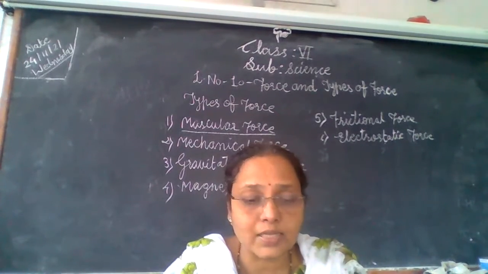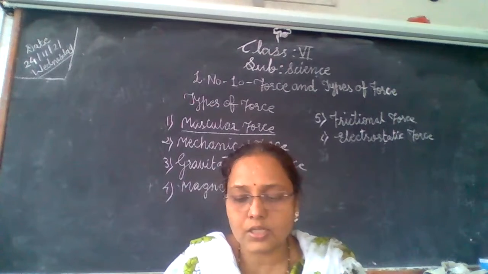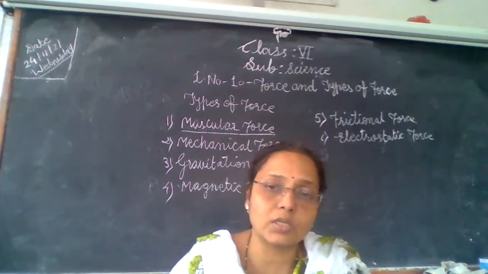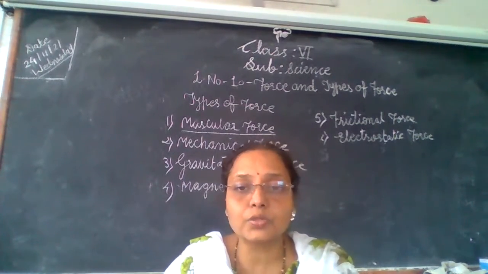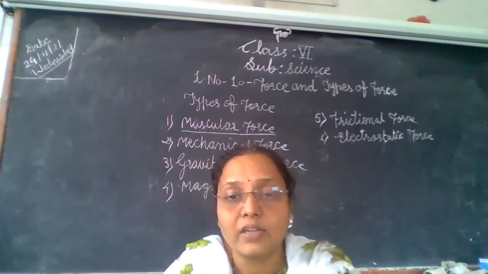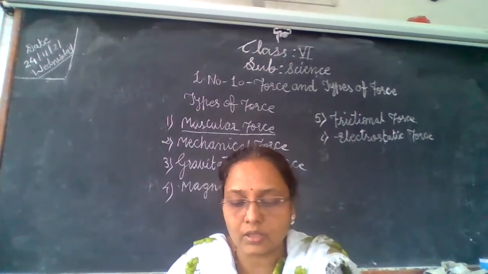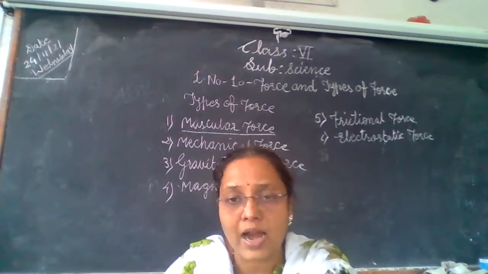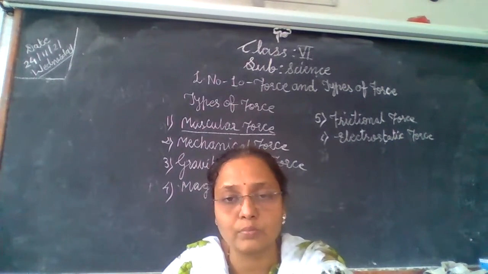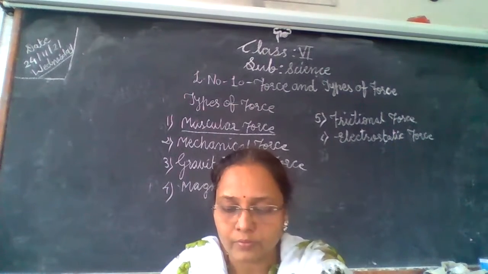You know, Sir Isaac Newton discovered gravitation in the 17th century. Scientist Isaac Newton discovered gravitation in the 17th century. The earth's gravitational force acts in a direction opposite to that of the object moving upward.